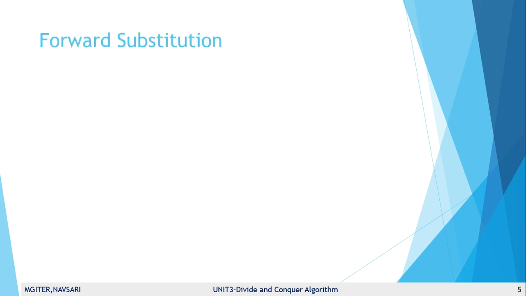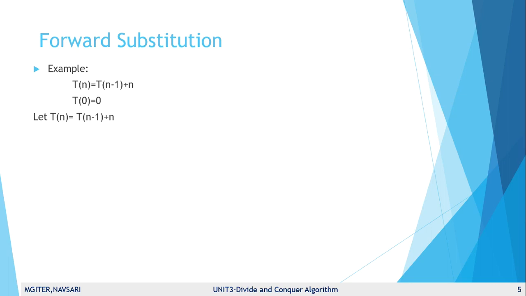Now first of all we discuss forward substitution with the help of an example. We take the example where the function T of n is given as T of n minus 1 plus n, and the termination condition is T of 0 is equal to 0. Here the function T of n is reduced by subtraction of 1.